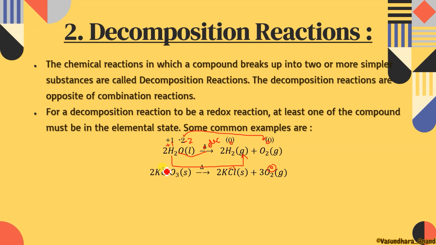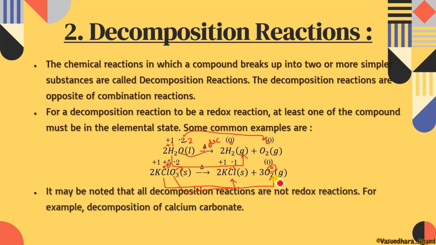It is +5. You have done this, it was given in the homework also. And here oxygen is in -2. So you can see that the chlorine of this KClO3 is undergoing reduction, while the oxygen of this KClO3 is undergoing oxidation. Got it? So this is also an example of a redox reaction.